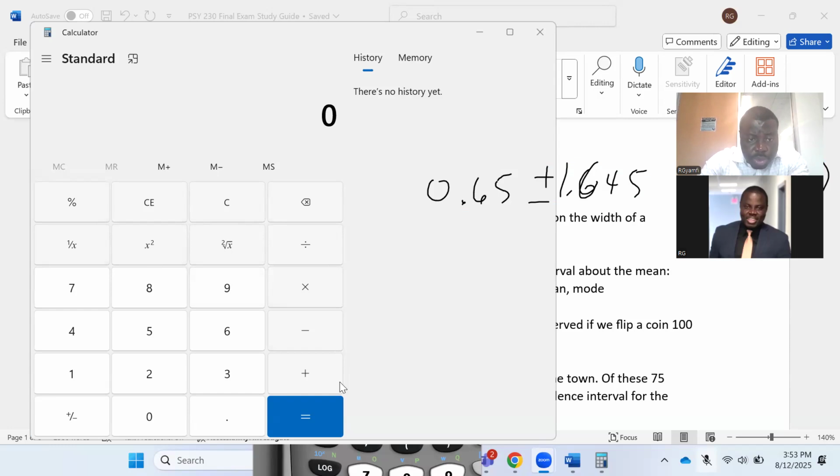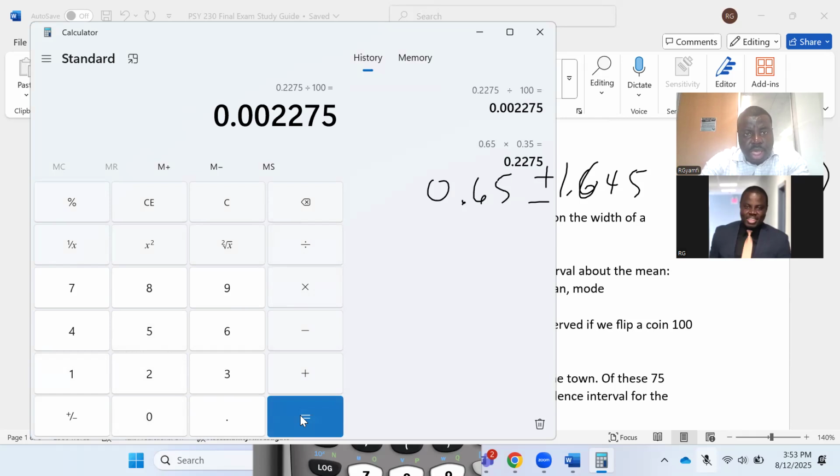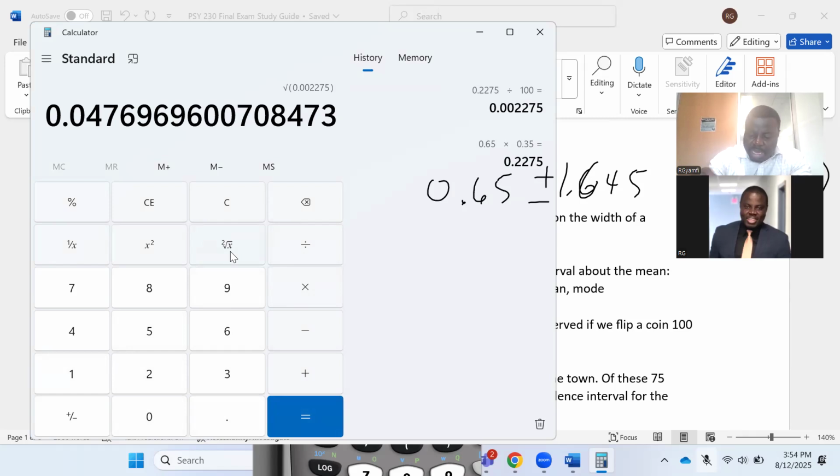So I'm going to do 0.65 times 0.35 divided by 100 equals that. And now I apply the square root. The square root of that gives me 0.04769. So right now, I'm done calculating for this part.